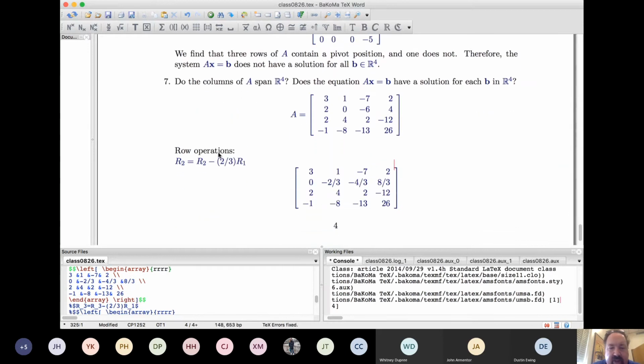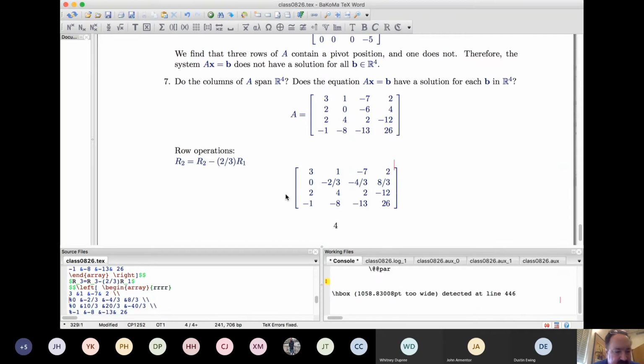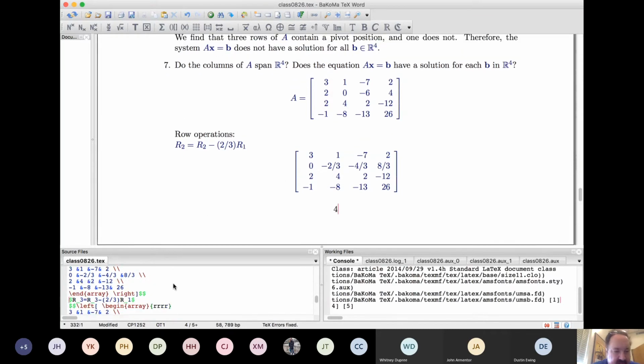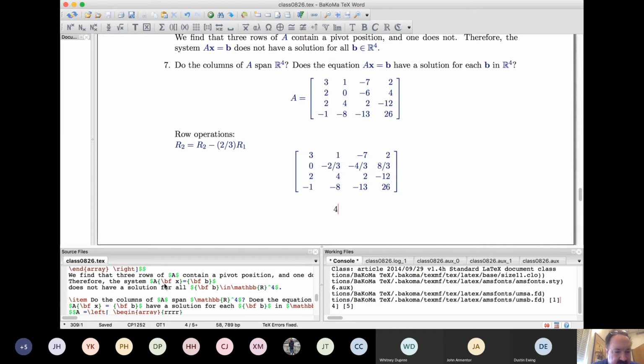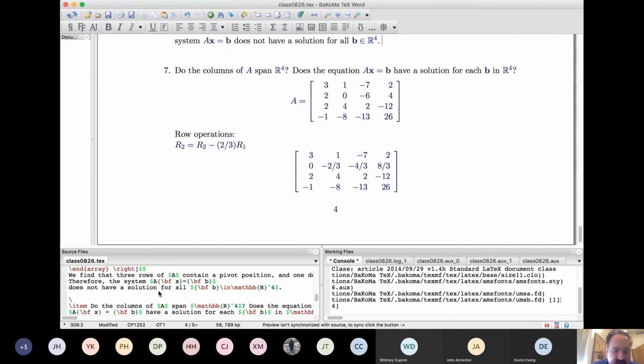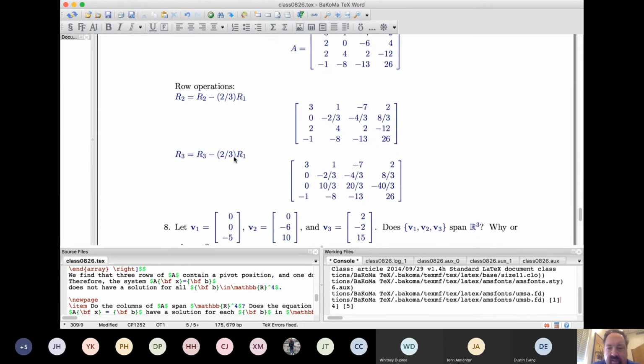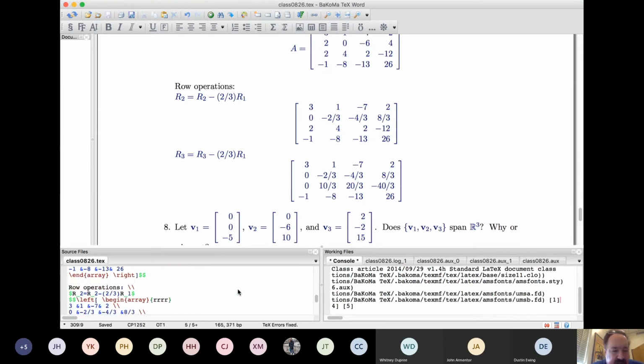Here we have 2/3 times row 1 because that's a ratio. And yes, unfortunately, the numbers are not working out nicely. So we just keep eliminating these entries.